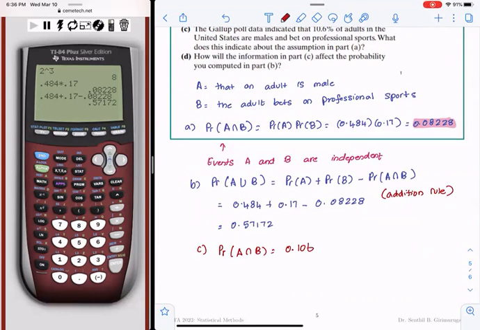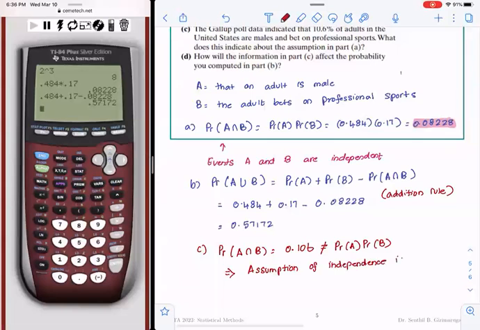So with this new data, we can say that probability of A and B is not equal to what we computed in part A, which is probability of A times probability of B. That would simply imply that our assumption of independence is incorrect.